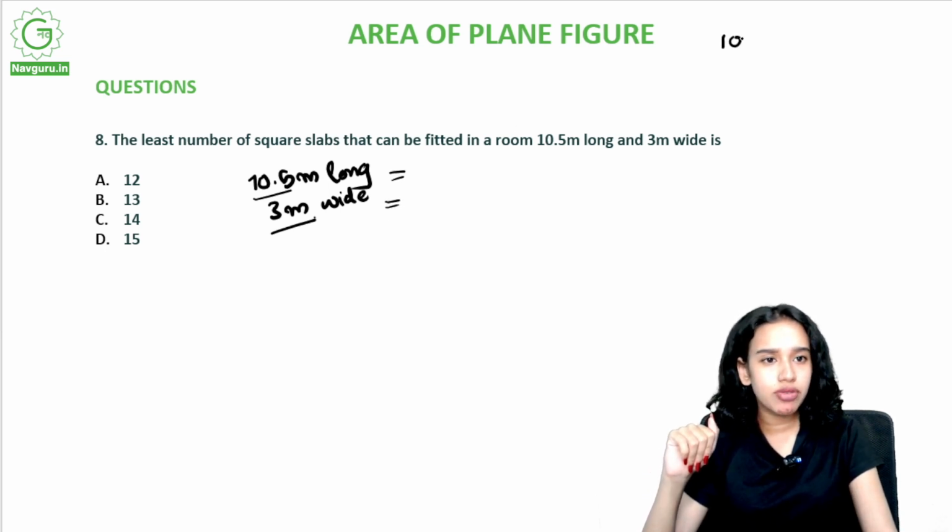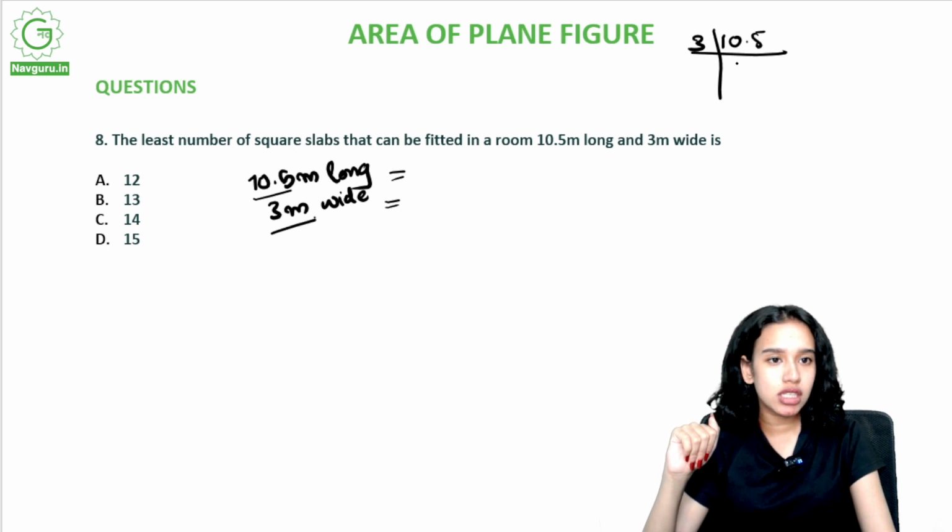So 10.5 can be written as, let's divide it by 3. 3 3s are 9, 1 and 5 we have 5. Again, this is not divisible by 3, now divisible by 5. So this is 0.7.